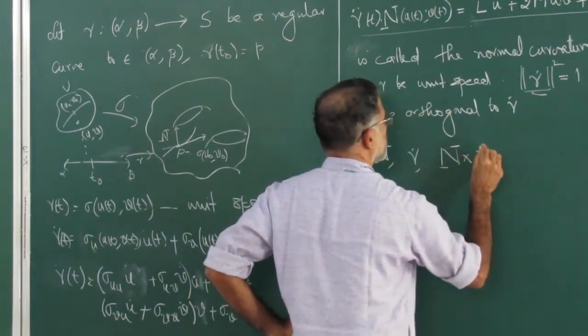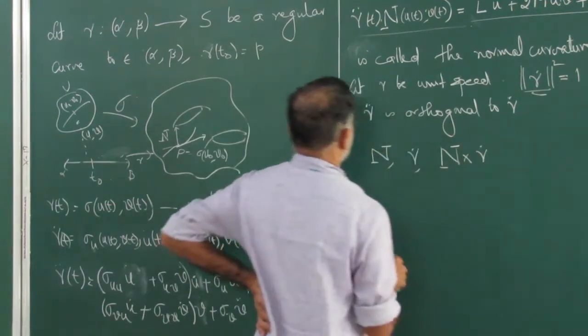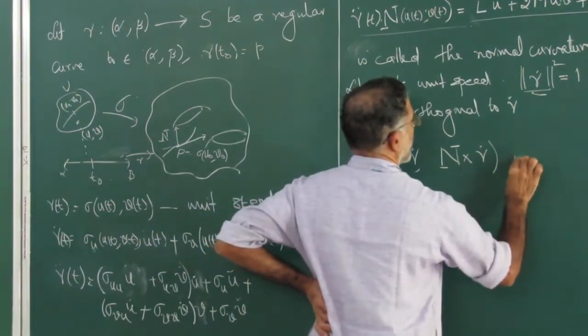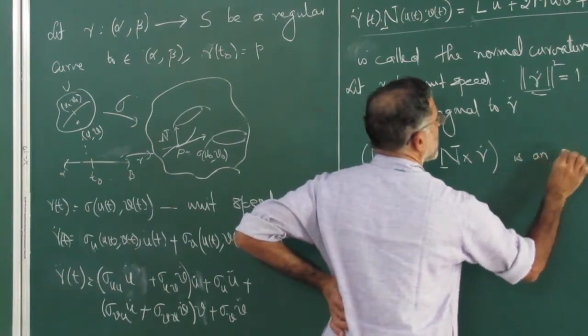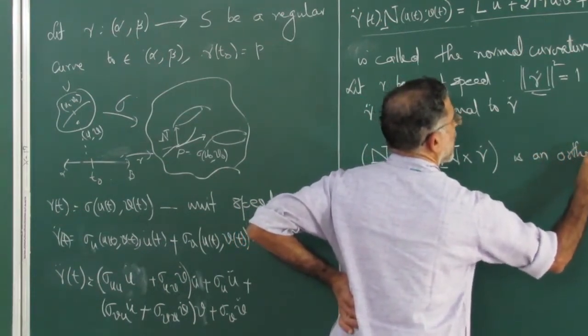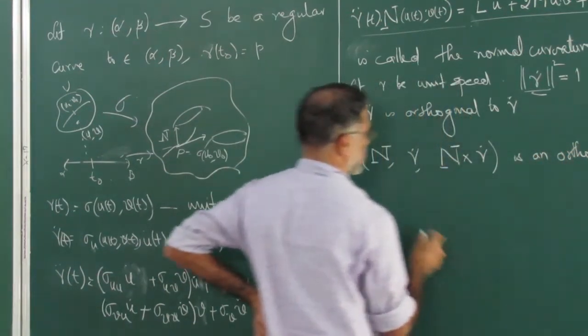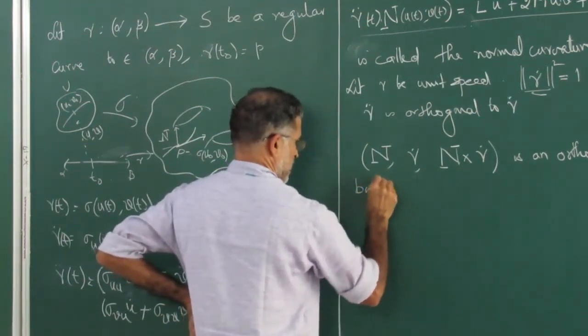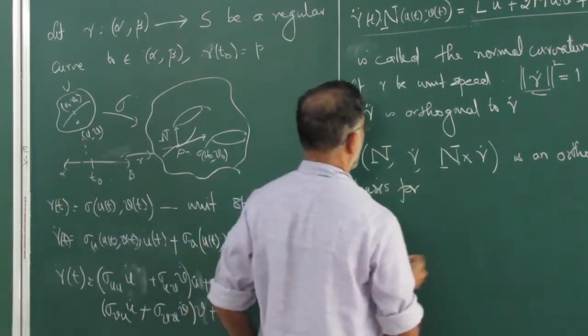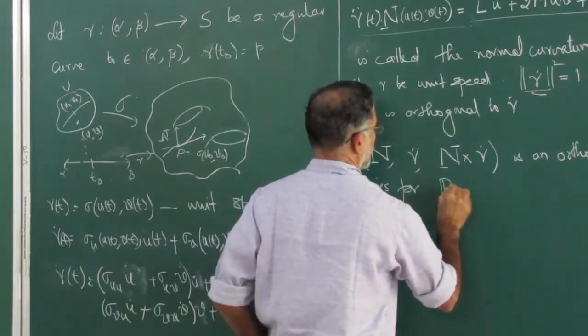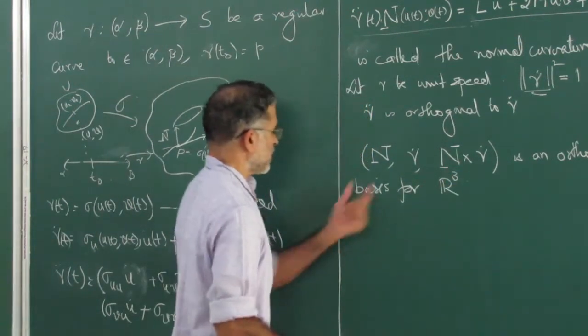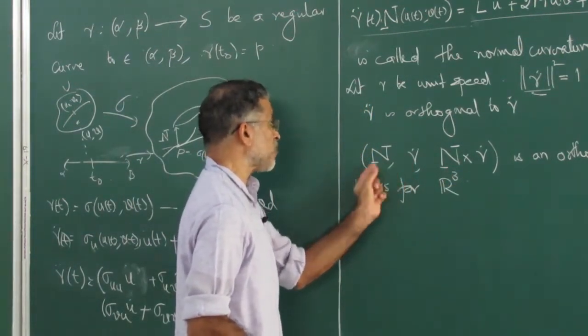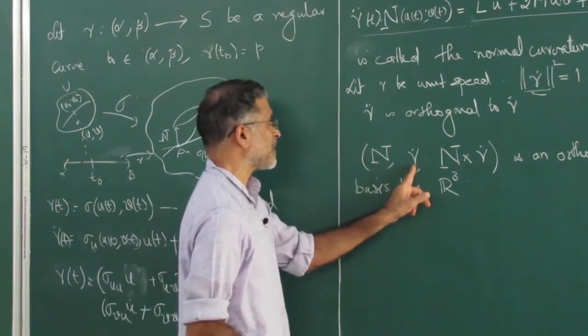Normal cross gamma dot, this is an orthonormal basis for R3. These two are orthogonal to each other and both are unit. So this is an orthonormal set.